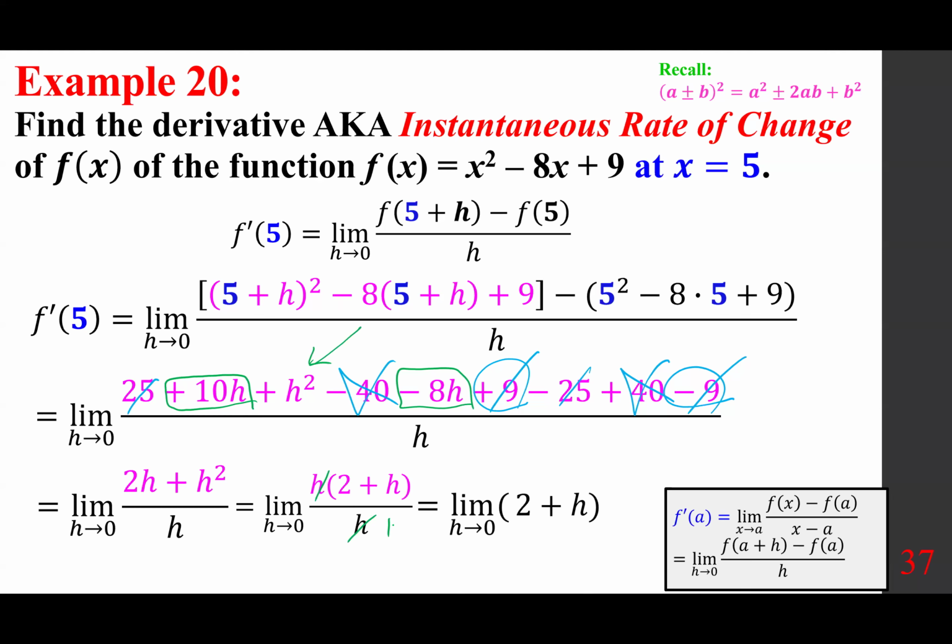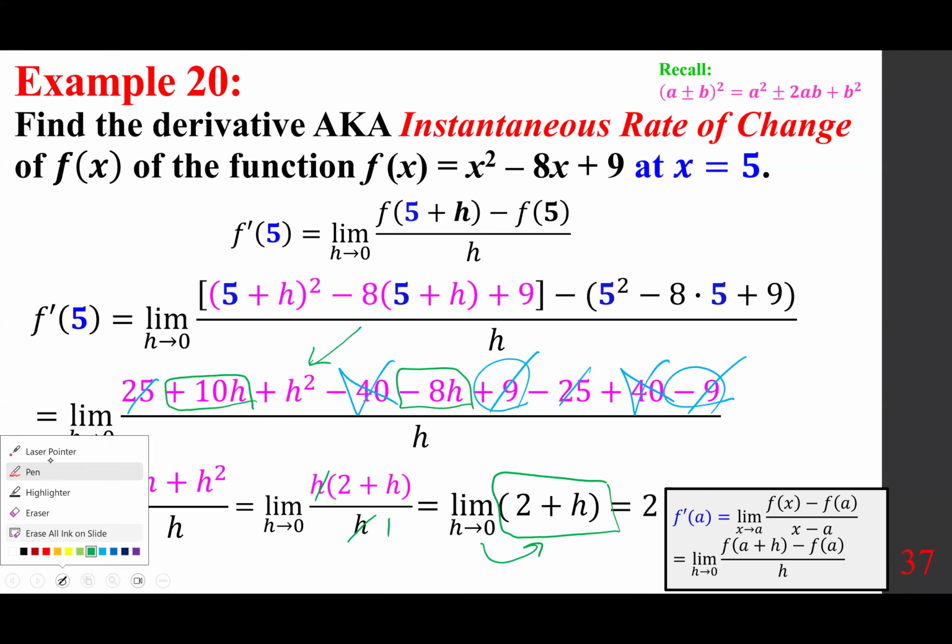And now, this is important. If you simplify the expression, you get 2 plus h, and that's the final answer, unless you use the limit. That's why, limit of 2 plus h as h approaches 0, replace the h with 0, and you get 2. Without the limit, you can't change this to 2.